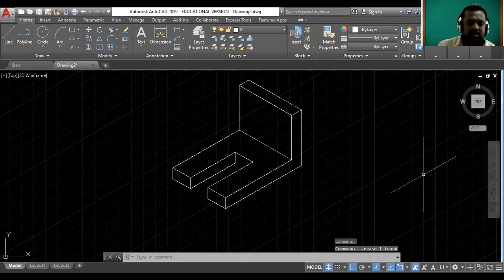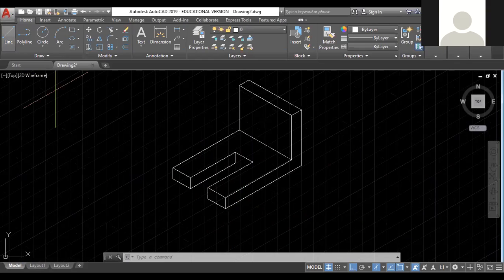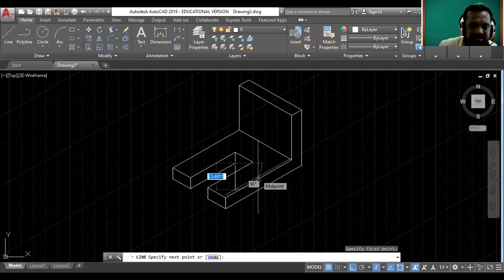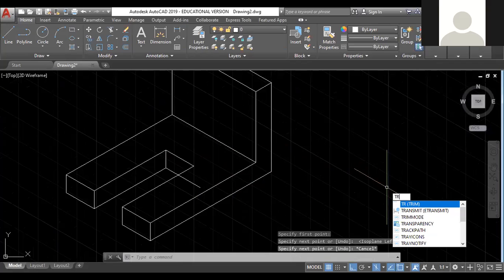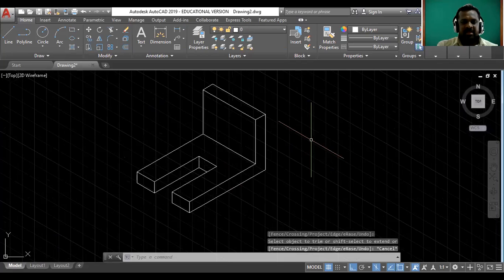Then now see here, the horizontal line is remaining. Yes, this line, no? Now it is clear. See, it is correct. I think it is as per the given figure.